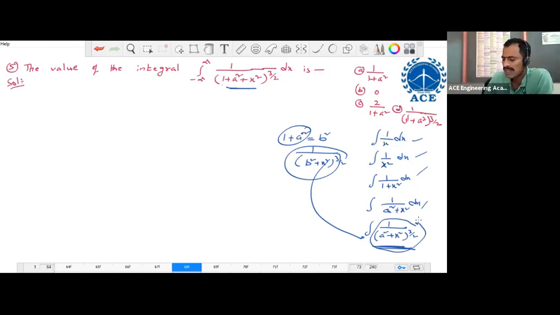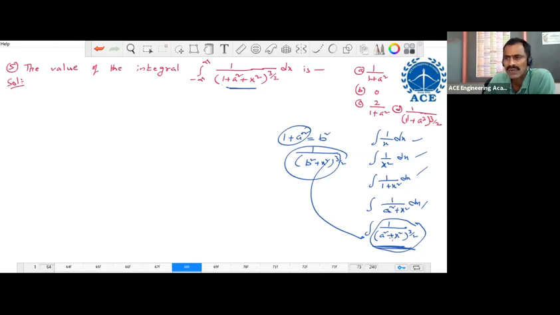By using one of the trigonometric identities. There are three types: sine square plus cos square equal to 1, secant square minus tan square equal to 1, cosecant square minus cot square equal to 1. If we have a square minus x square, we can use the first identity.